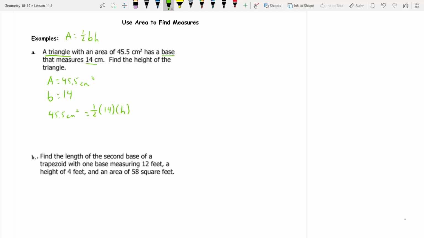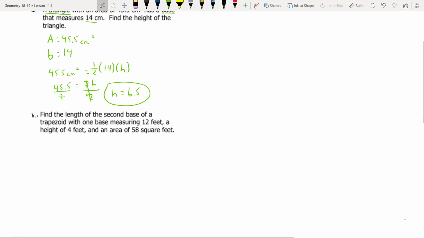And all I have to do here is just solve. So half of 14 is going to give me 7. So I have 45.5 equals 7h, and I'm going to divide by 7. 45.5 divided by 7 is going to give me 6.5 as my height. So we're still using the area formula, we're just using it in a different way.